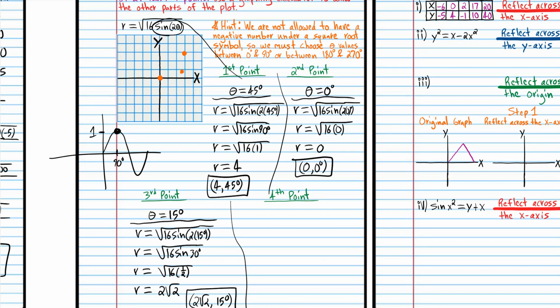You can't choose values of theta that will give you a negative sine value, because then we'd have a negative under the root. So let's choose some theta value between 180 and 270. So we'd like to choose values where we don't have to use a calculator, but it doesn't really matter. You can choose whatever value you want.